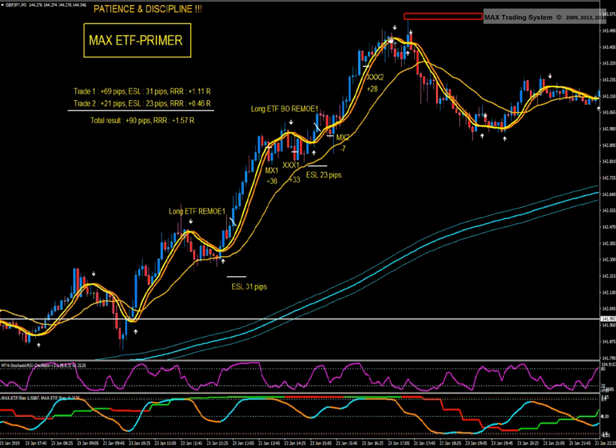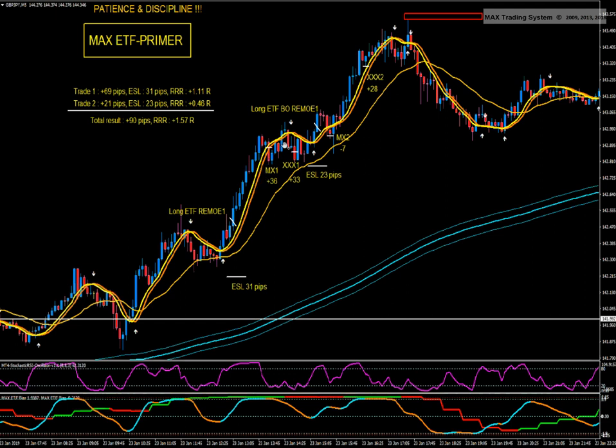So the orange and the yellow line you see here on this chart is what we call our ETF lines. Our ETF line is a special kind of moving average. It is a very sophisticated moving average we are using in order to have the following feature.